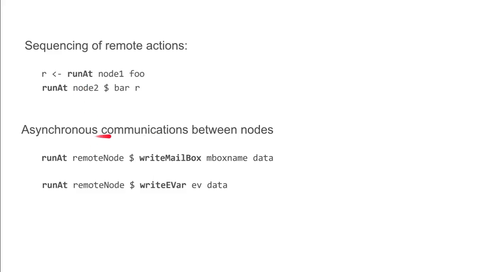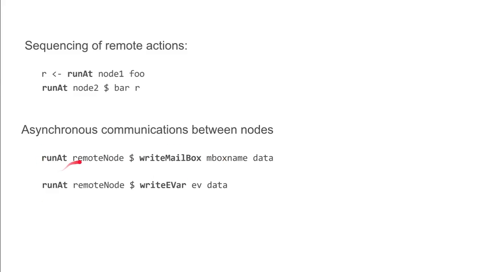We can also do asynchronous communication between different nodes and different branches using EVARs or mailboxes. What we do is use RANAT to translate the computation to the remote node and write to its remote mailbox or EVAR data. Because this returns unit, after this we know that the remote node has received the value.